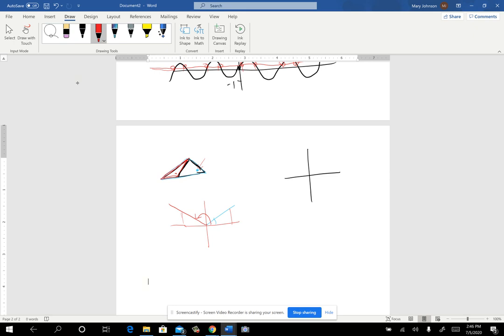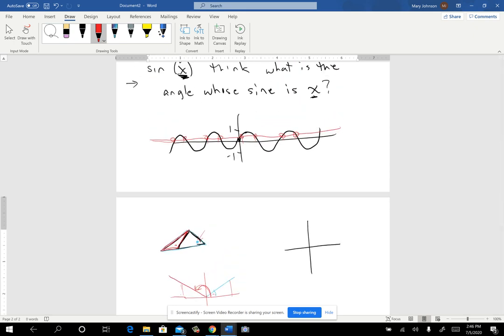So you remember that issue? The calculator only gives you one angle back. It gives you the acute angle back, but sometimes you had to come over here and find the obtuse angle that would have had that same sine value.